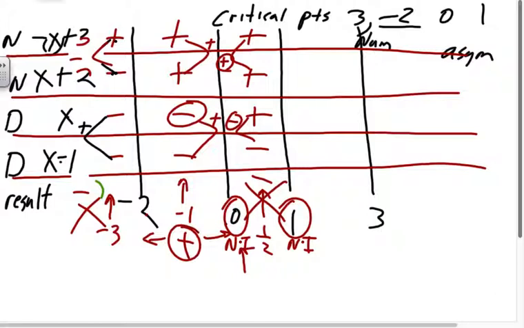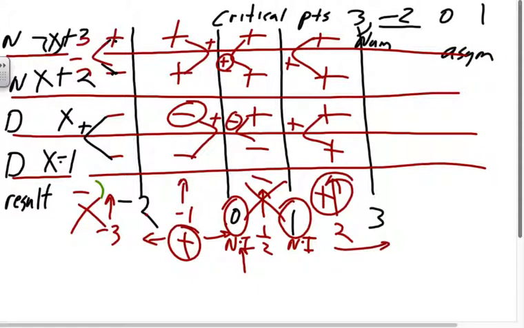Okay, then I pick a point between 1 and 3. There's an obvious one, 2. Pick whole numbers if you can. You plug it in here, negative 2 plus 3 gives me a positive. 3 plus 2 gives me a positive, so everything is positive and I get a positive. So again, I know this interval is included, except I cannot put in this point because it's an asymptote.